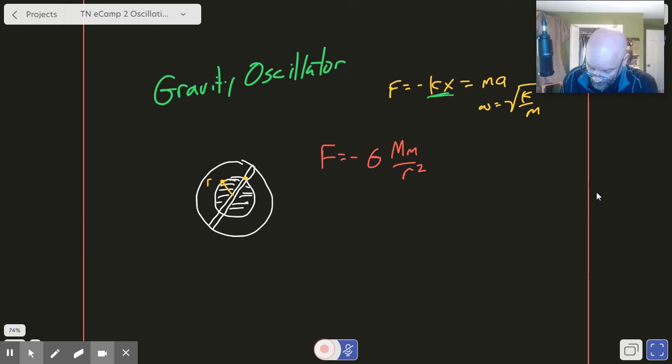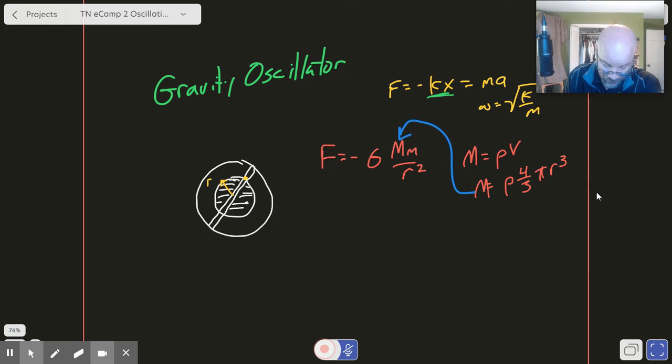And so we could say, well, our mass is really rho times the volume. But that turns out to be rho times 4/3 pi r cubed. Okay. And then we can take that expression and dump it into here.